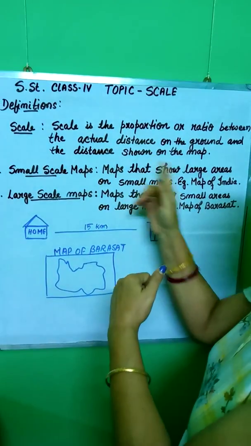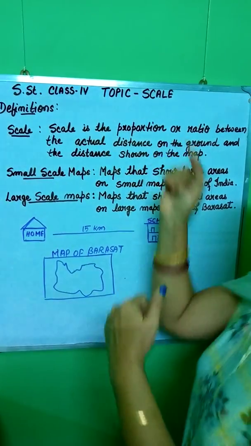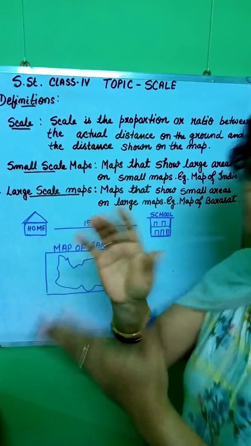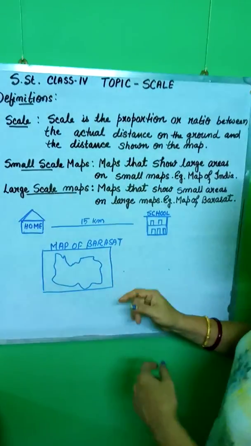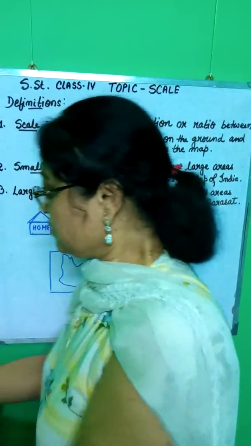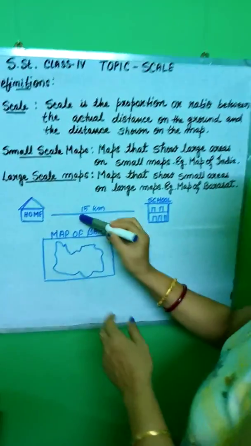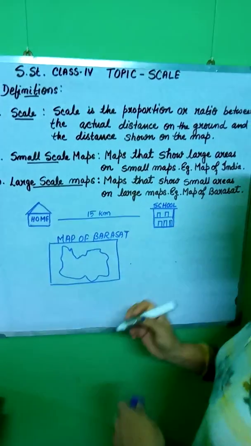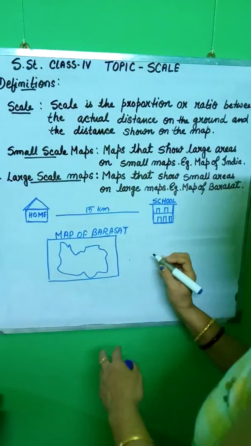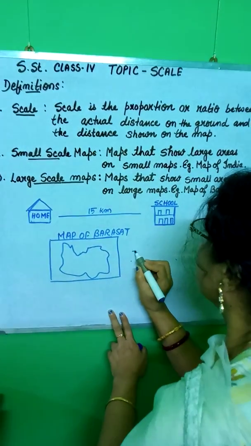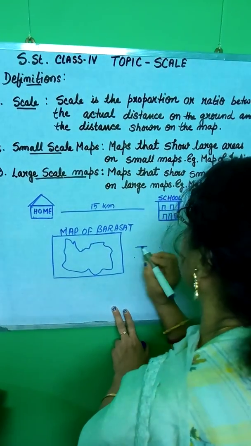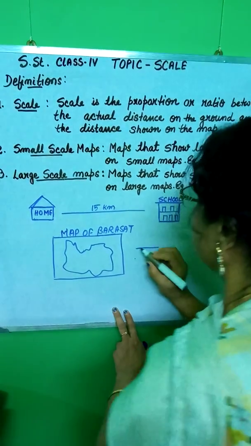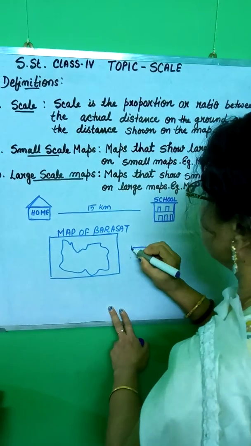They show the proportion. How do they show the proportion? Think, 15 kilometers. Take a scale like this, draw a scale.